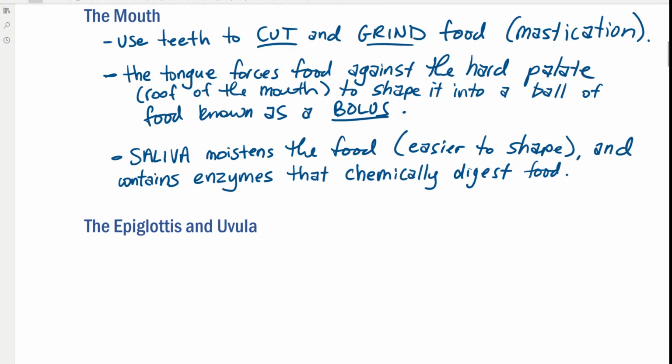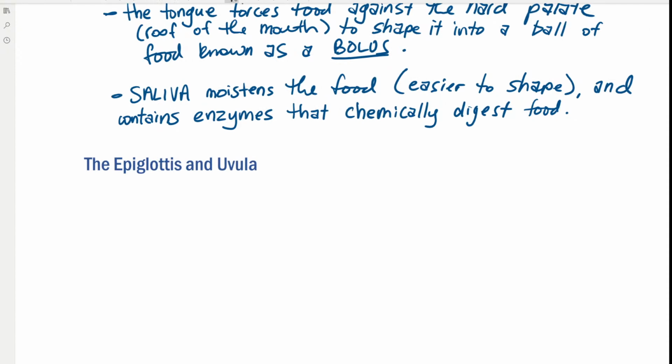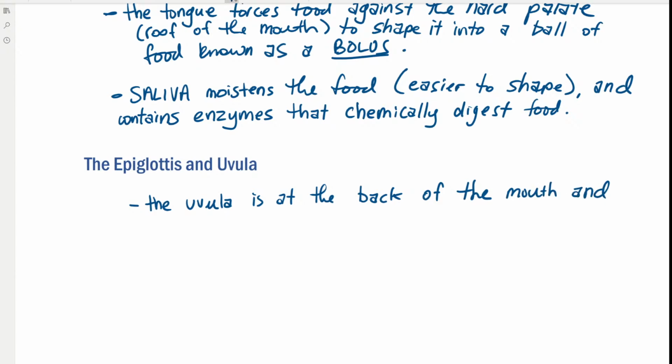Notably, you have two structures that ensure that food goes where it's supposed to. The uvula is at the back of the mouth, and prevents food moving up into your nasal cavity.